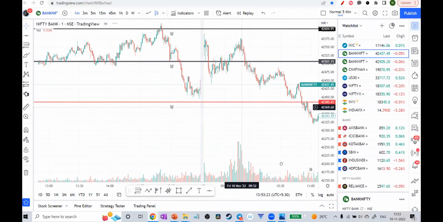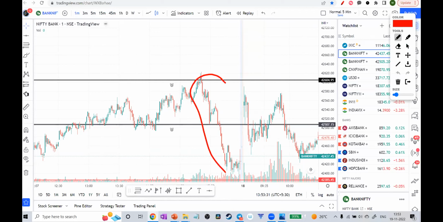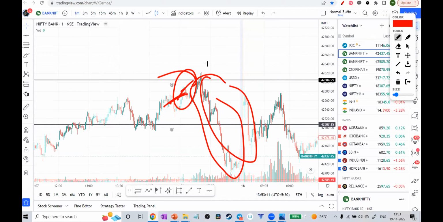Here you can see, if Bank Nifty was falling like this, obviously the big players want to capture the maximum profit out of this. So they will be making their position before the fall, not after. Before the fall, they will be making their position in options, selling those kinds of options. If you read them, you can ride the fall.